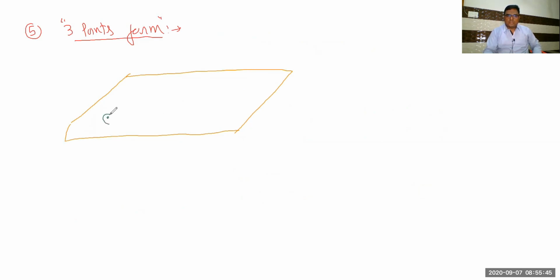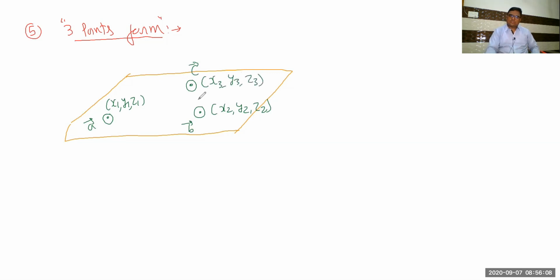This point has coordinates x1, y1, z1 and its vector value is a vector. Another point has coordinates x2, y2, z2 and its vector value is b vector. The third point is c vector whose coordinates are x3, y3 and z3.